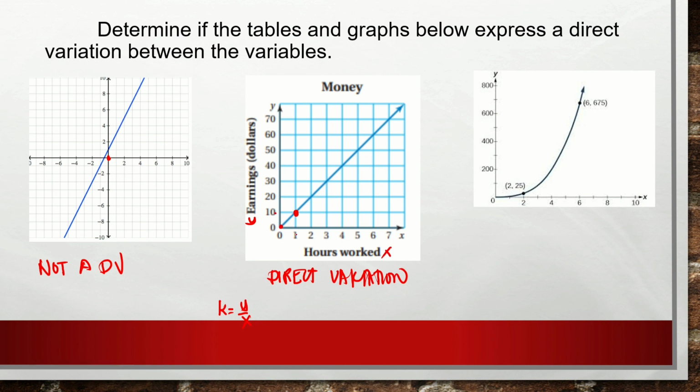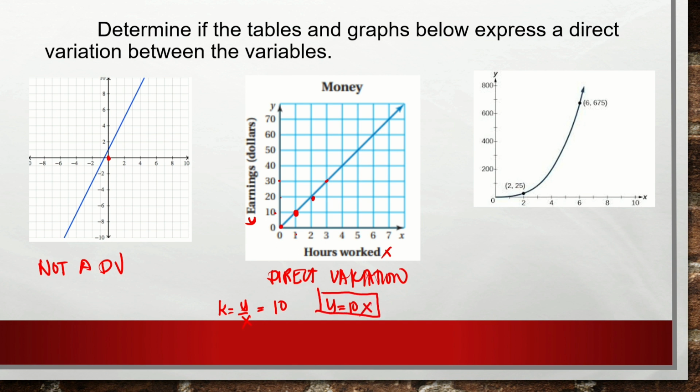So 10 divided by 1, the value of k is 10. 20 divided by 2 is also 10. 30 divided by 3 is also 10. Therefore, the value of k is 10, or the constant of proportionality is equal to 10. And we can write it in equation, that is y is equal to 10x.